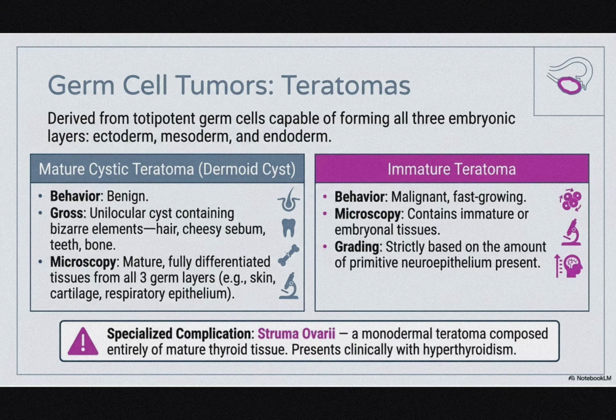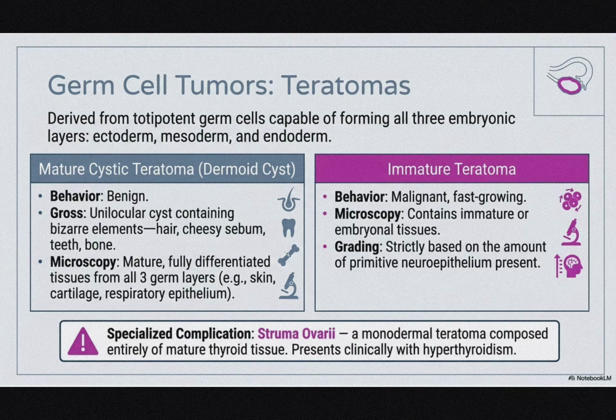Microscopy: mature, fully differentiated tissues from all three germ layers, that is ectoderm, mesoderm, endoderm. Examples are skin, cartilage, and respiratory epithelium for ectoderm, mesoderm, endoderm respectively.